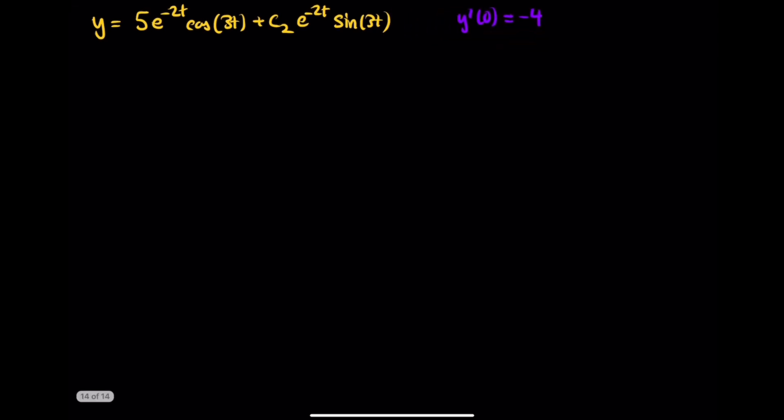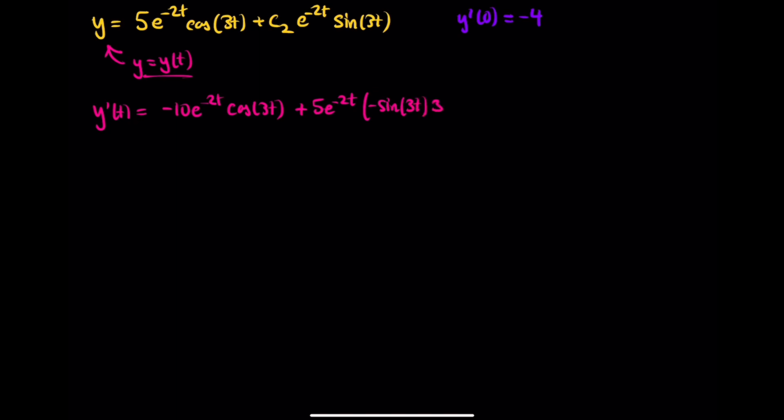So let's take the derivative and recall, as always, y equals y(t). Okay, and so let's take the derivative, y prime(t). So this is going to be minus 10 e to the minus 2t, and this is going to be done by product rule, cosine 3t, plus 5 e to the minus 2t times minus sine 3t times 3, and this is just one term, and then we have the next term, which is c2.